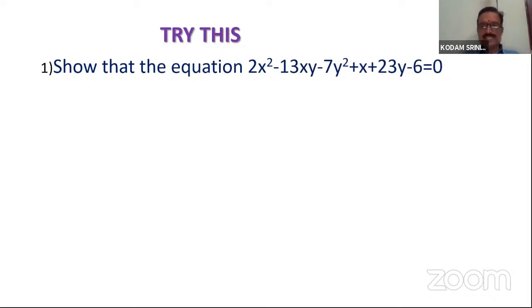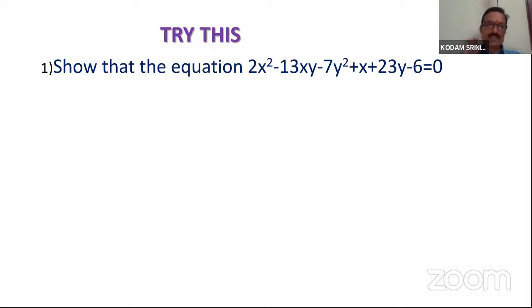So, dear students, in this session we have discussed that if the equation represents a pair of straight lines, it has to satisfy two conditions.